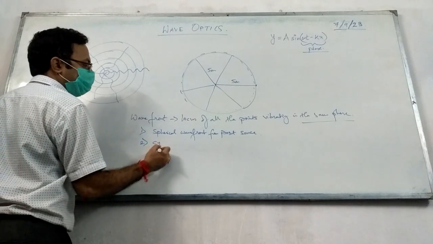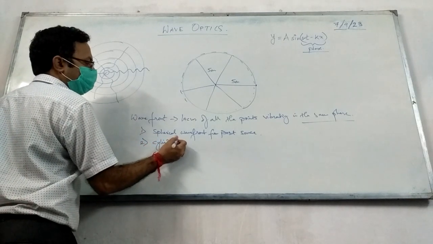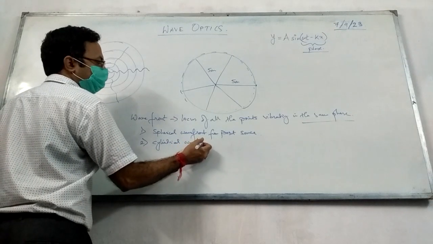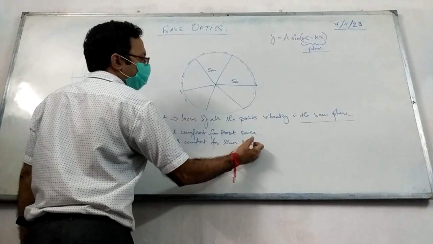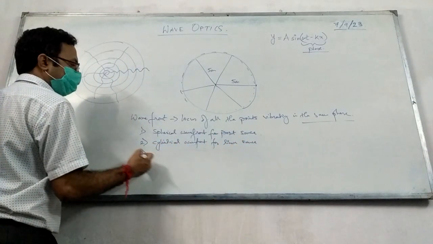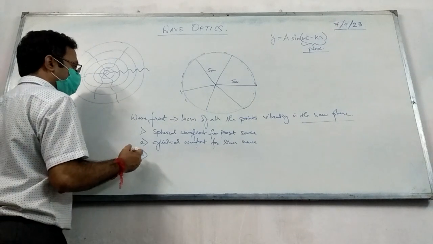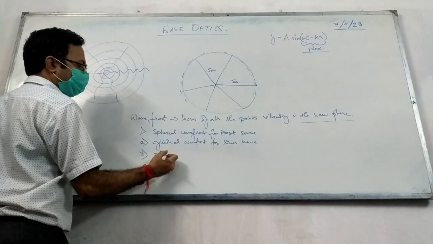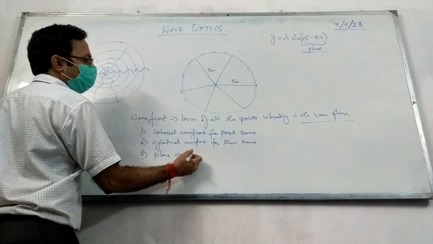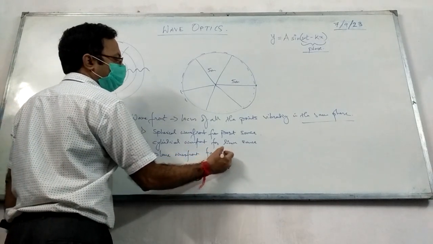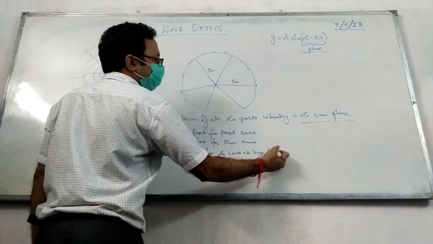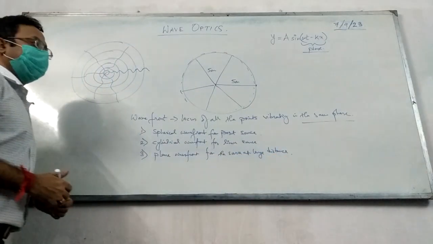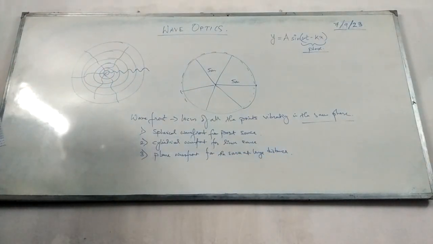Second is cylindrical wavefront for a linear source, and third is what? Plane wavefront for a source at a large distance. Clear? Vinay? When the source is at a large distance, the wavefront becomes plane.